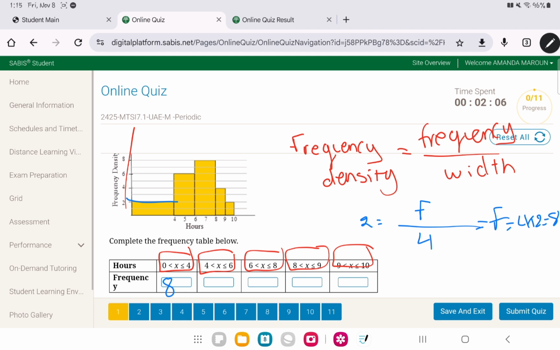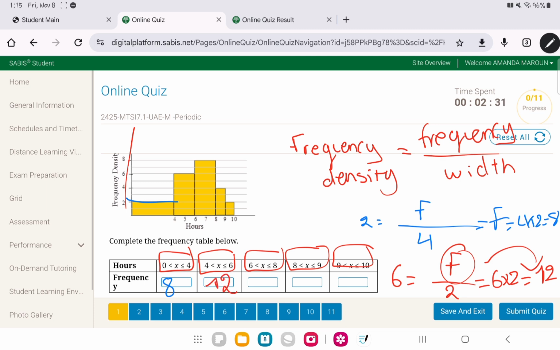Our second frequency has a frequency density of 6. So 6 is equal to the frequency over the width. What is the width? The width is 6 minus 4, which is 2. So it is 6 times 2, which is 12. So then the frequency of the second one is 12.